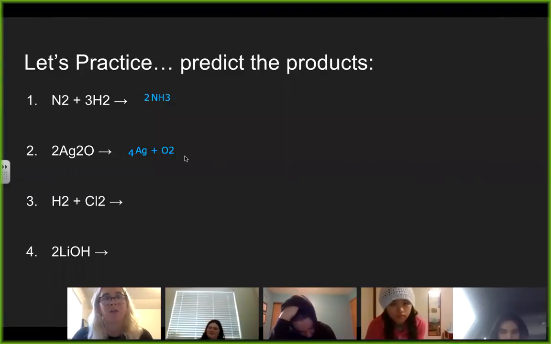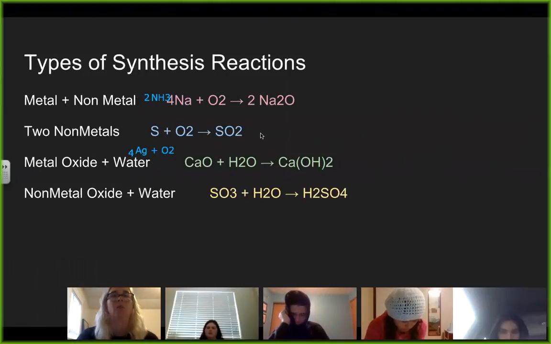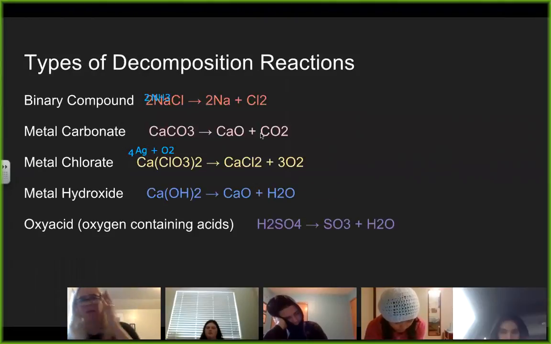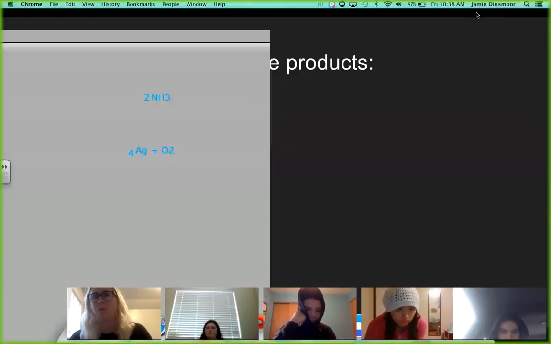We're going to go back into those notes and look, what kind of synthesis is it? Well, I saw a hydrogen and a chlorine, which to me is 2 nonmetals. So looks like we're just going to be putting them together again, pretty easy. And remember, guys, if you can't remember if something's a metal or not, don't even worry about it.